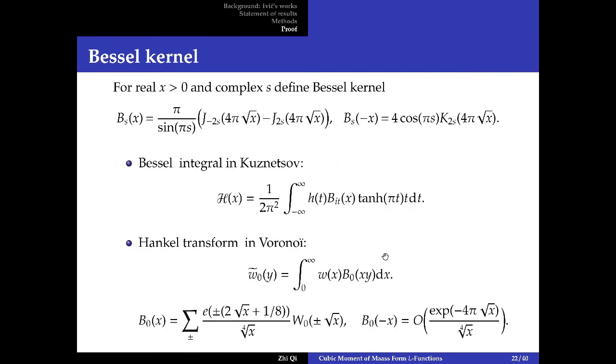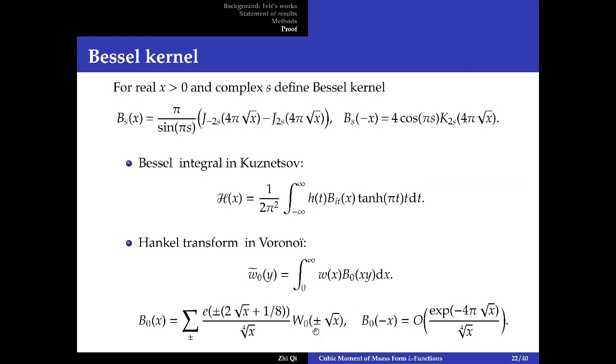And for Voronoi, in our case, we only need to consider B_0. So you take this S to be 0, and you have this so-called Hankel transform. The Hankel transform is quite different, so you can view it as an analog of the Fourier transform. Actually, the Fourier transform will appear in Poisson later, anyway.